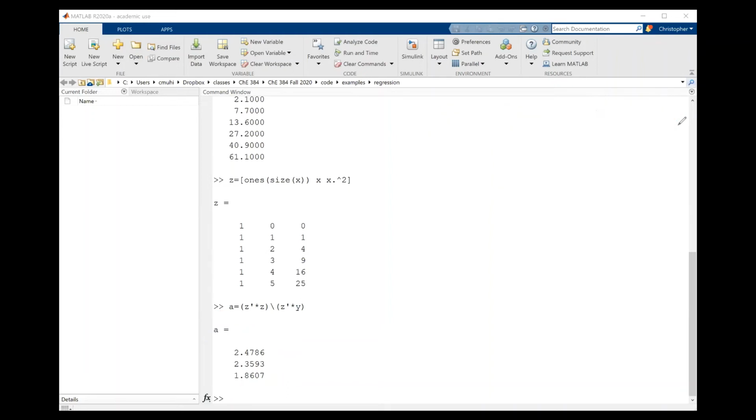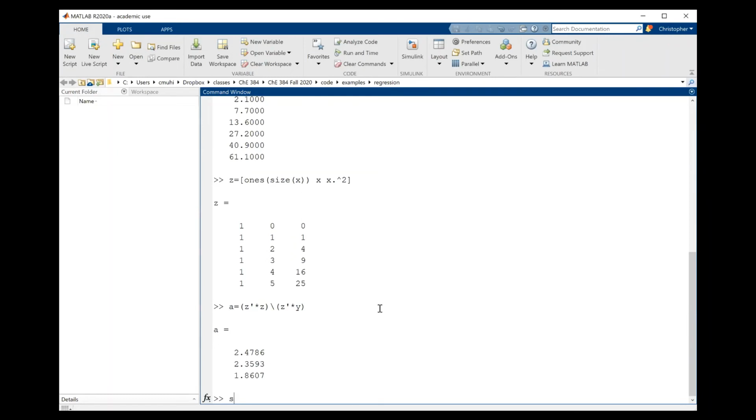So the first thing that we're going to need is our sum of residuals. So let's call this SR for sum of residuals. And remember, we're going to take the sum, so we can use that sum command of each y minus the calculated values of y.